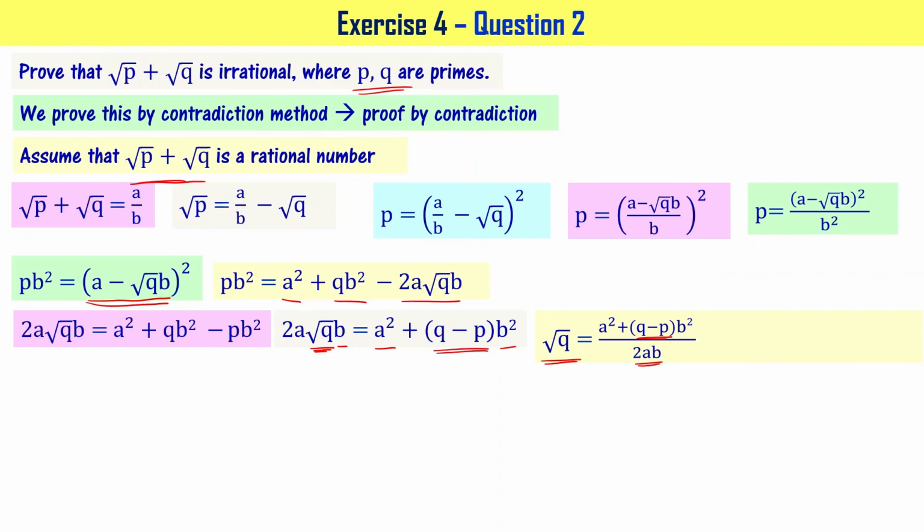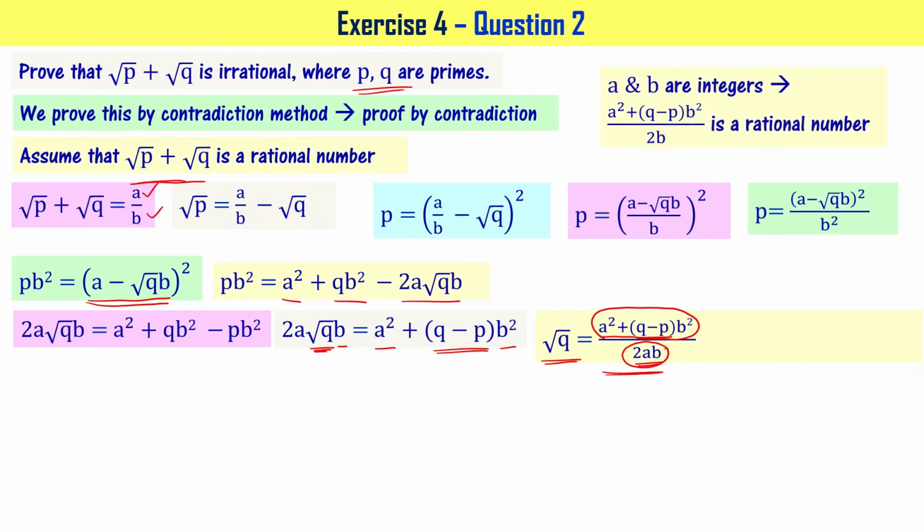Since we said that a and b are integers, a square plus (q minus p) times b square is going to be an integer and 2ab is going to be an integer. The given ratio is a rational number because it is a ratio of two integers, right? That's why the RHS of this particular equation is a rational number, right?